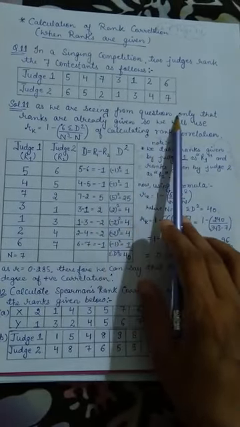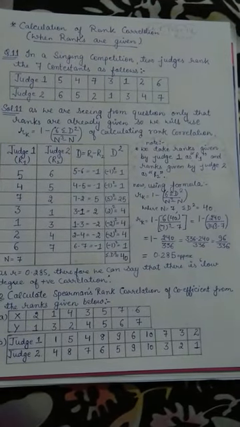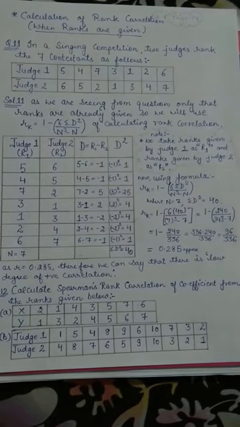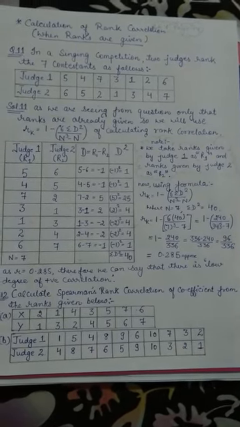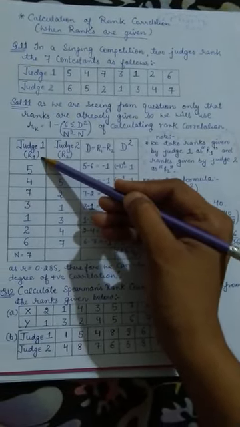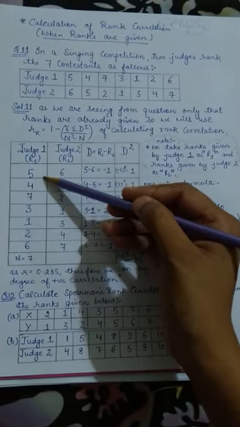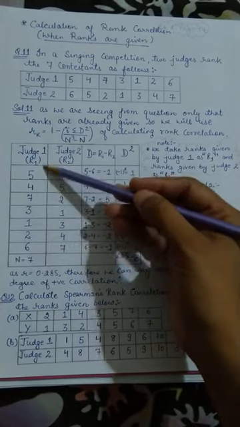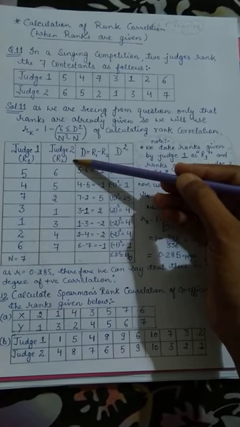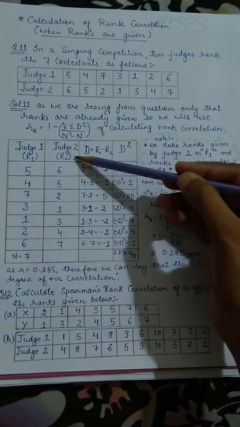As we see from the question itself, ranks are already given here, so children we will use this formula, that is Rk is equal to 1 minus 6 sigma D square upon N cube minus N. Before we start, in the column of judge 1 we will write R1, taking it as the ranks provided by judge 1, or ranks of the first series. Then here we will write R2, taking it as the ranks provided for the second series.